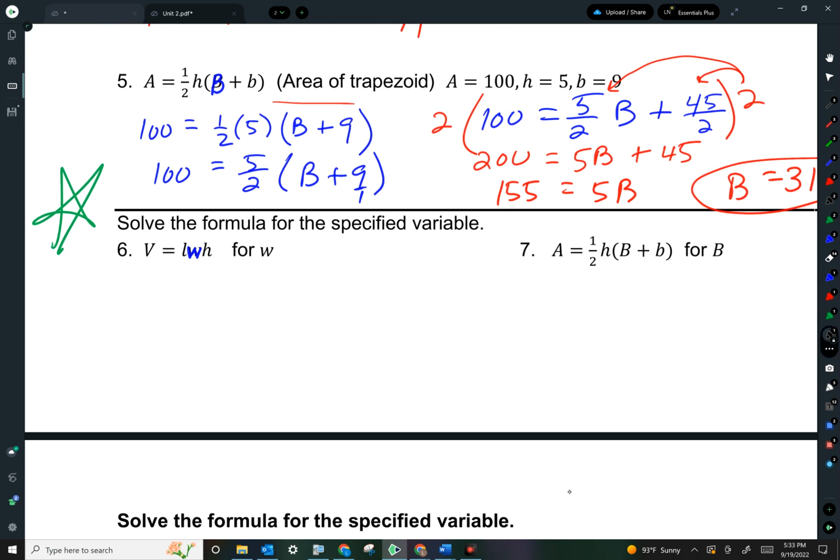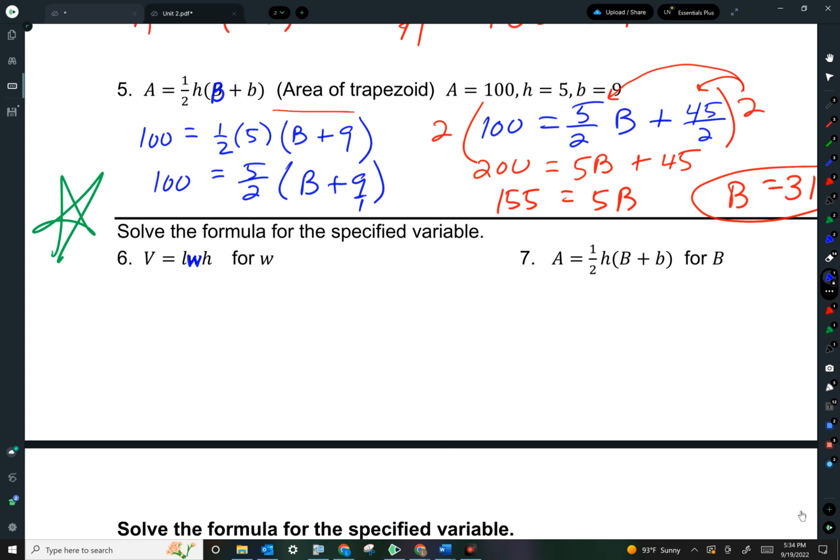So in order to get rid of something that's being multiplied, don't you divide? I want to divide by both the L and the H, right? Because I want to get rid of both L and H. So I'm going to divide both sides by L and H.